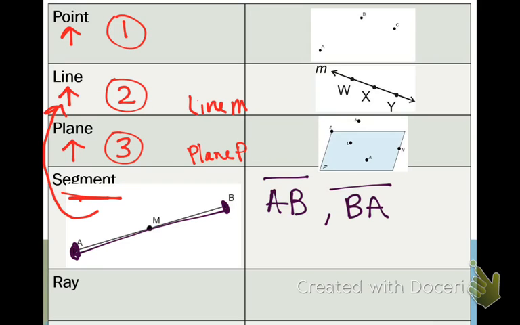Just like in a line we could name WY, and we could also name YW. If I wanted on my line segment to name only half of the line, so from A to M, you would say AM, or you could say MA, and the same thing with the other half of the line, MB or BM.